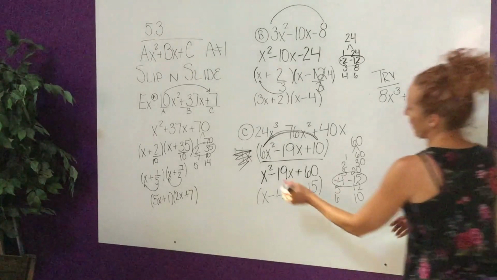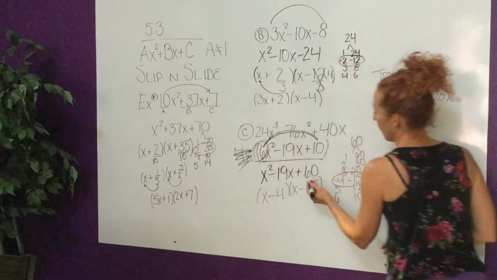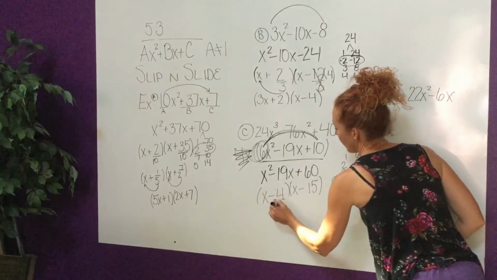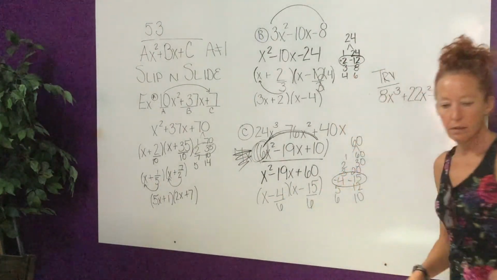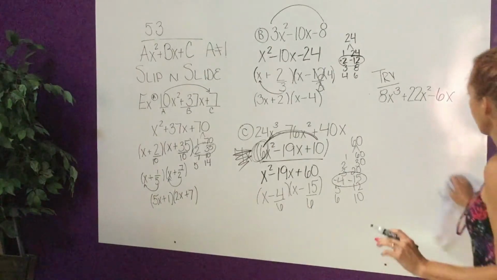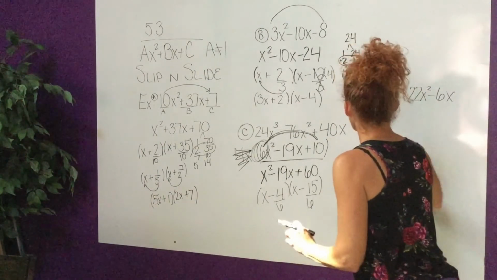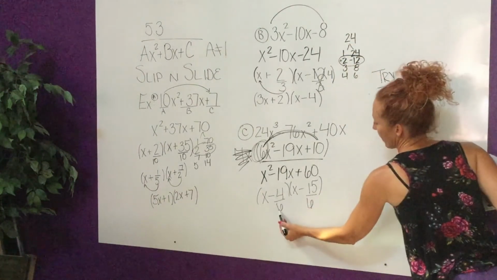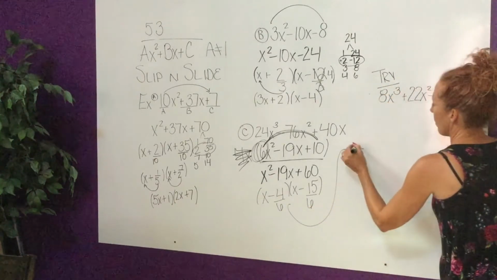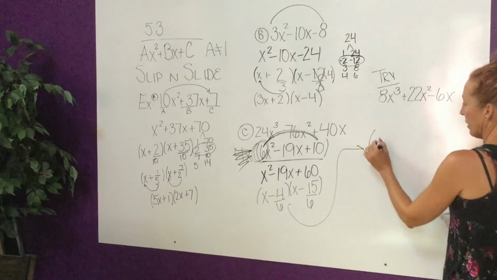And so since I multiplied by 6 to come up with the 60, I have to undo it. And so this is going to reduce. I'm going to rewrite my work right here so that you can see it a little better.